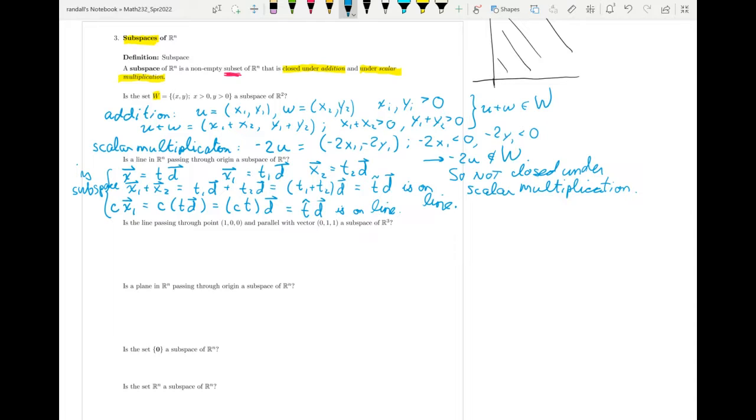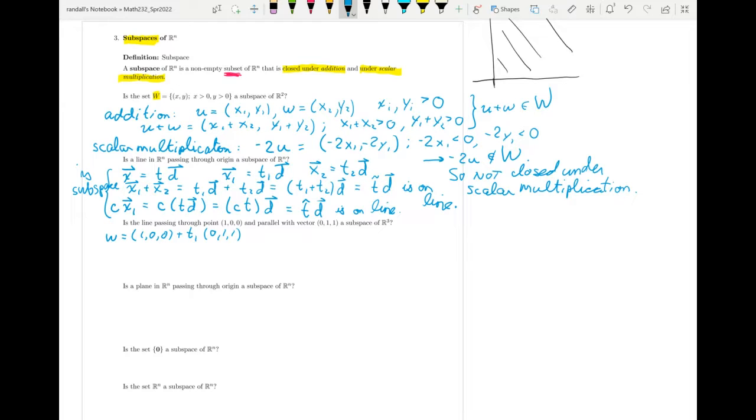So let's take W equals (1, 0, 0) plus t1 times (0, 1, 1). That's my W.